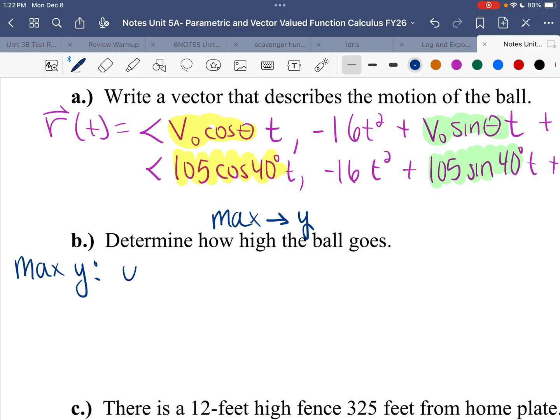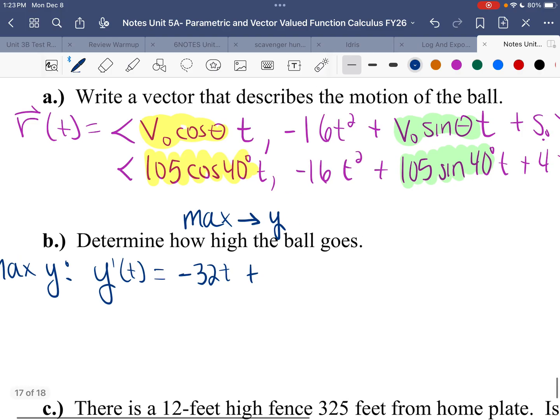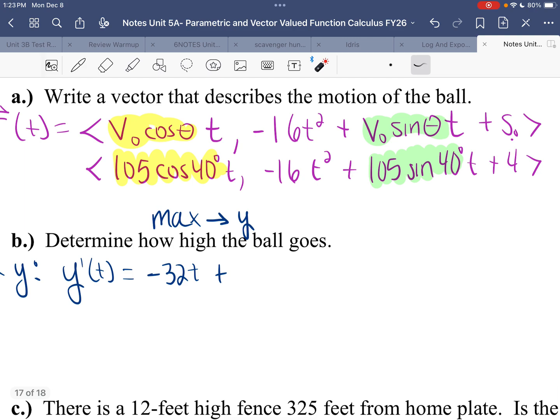Taking the derivative. So y prime of t is equal to negative 32t plus 105 sine 40. I'm not taking the derivative of sine and making it cosine, because this whole thing is a constant.